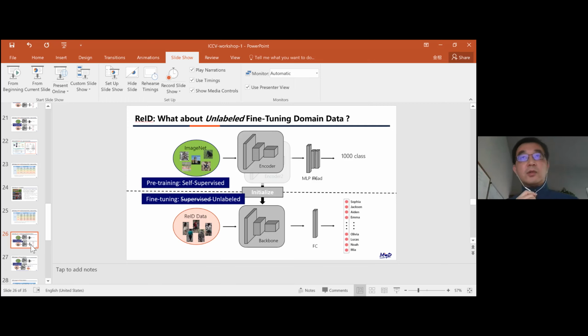Excellent question. Particularly for re-ID, it is very sensitive to many things. For instance, it could be sensitive to how the camera is configured. You can have a top-down view and a side view, and it is also sensitive to, for instance, the season. If most of the pictures come from summer, then people wear shirts and skirts. If the pictures are captured during winter, then there are large diversities.